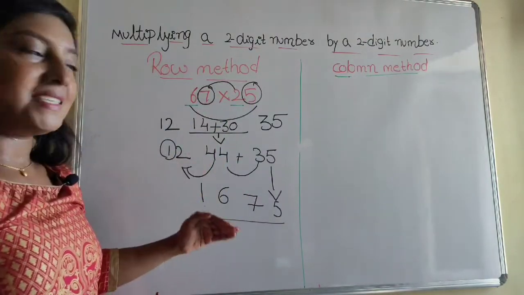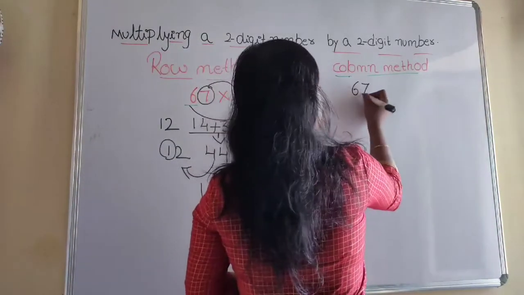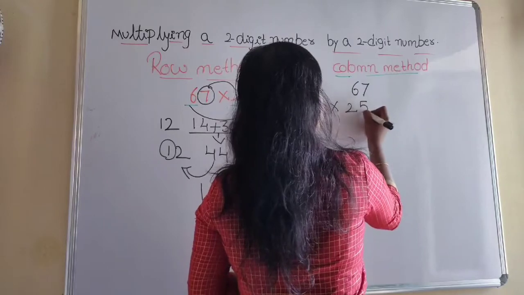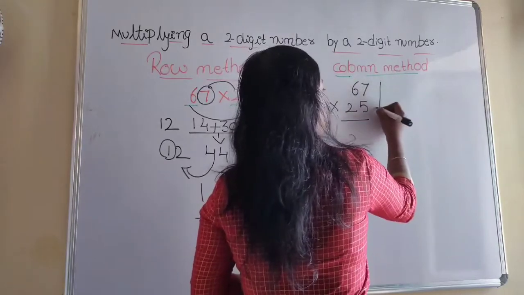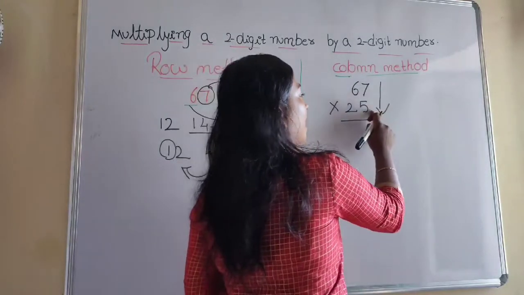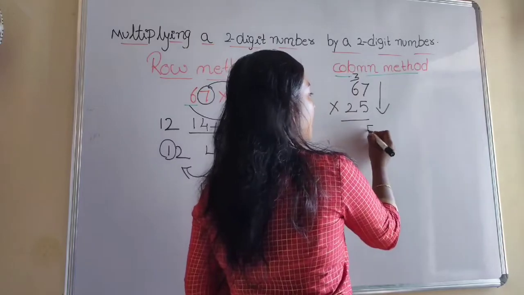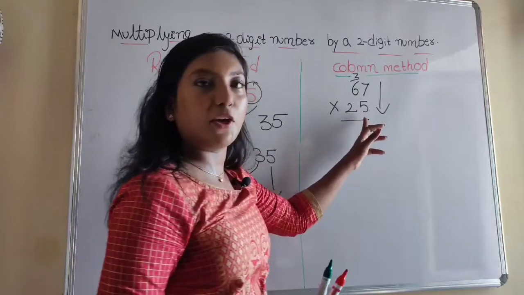Now let us see the same question in the column method. So start writing it. 67 into 25. So already we know the process. Follow the arrow mark. 7 into 5 gives 35. So 3 will be here and 5 because it is having carryover.